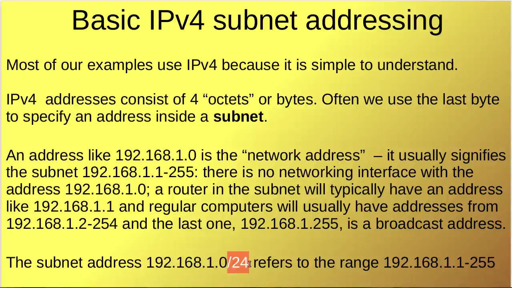This /24 is called CIDR notation, classless inter-domain routing. What this once again means is that this is a network address, and these first 24 bits specify the network. The last 8 bits specify the LAN stations within that subnet, so 1 through 255. Okay.